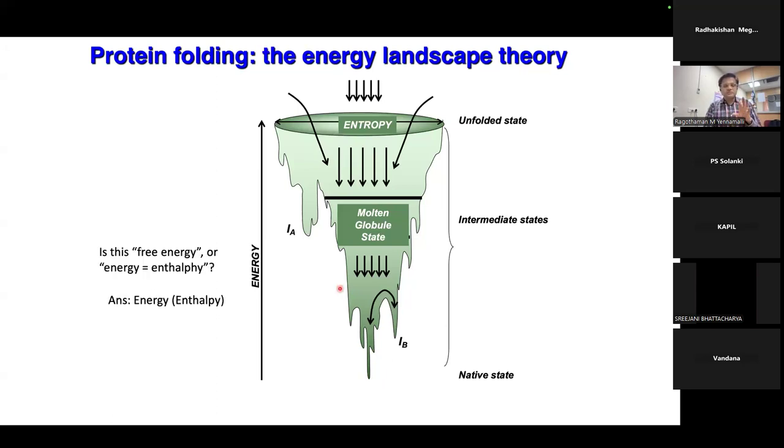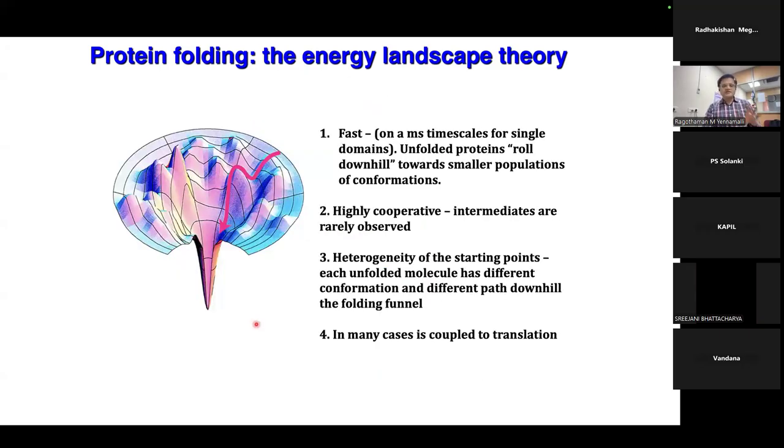So this particular process is driven both by entropy and enthalpy, where it goes from a high energy state to a low energy state. So the energy landscape theory is that when you are in a very unfolded state, you tend to roll downhill towards the valley to get to the most stable state.